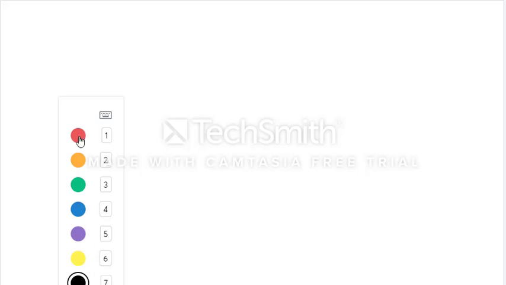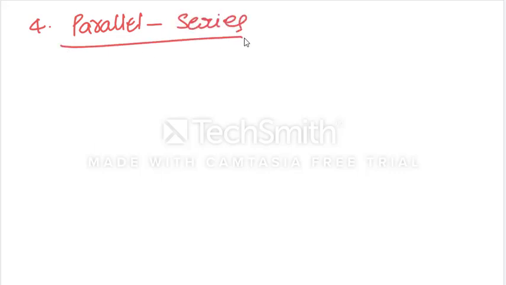I can say parallel series connection. We mostly don't use this connection. Anyway, see this. If it is given a parallel and series connection, what does it mean? Port 1 is parallel, port 2 is series.